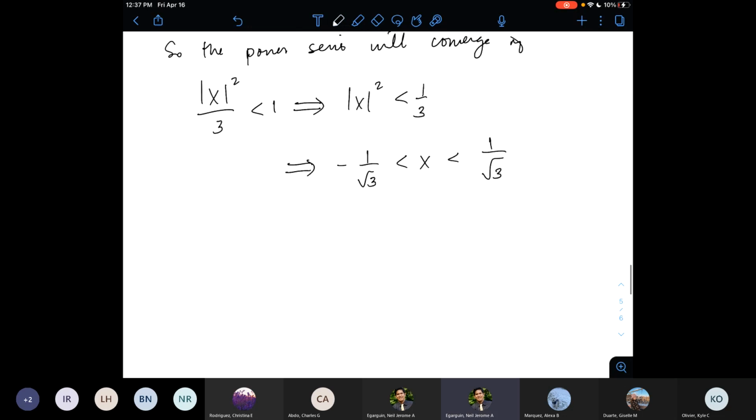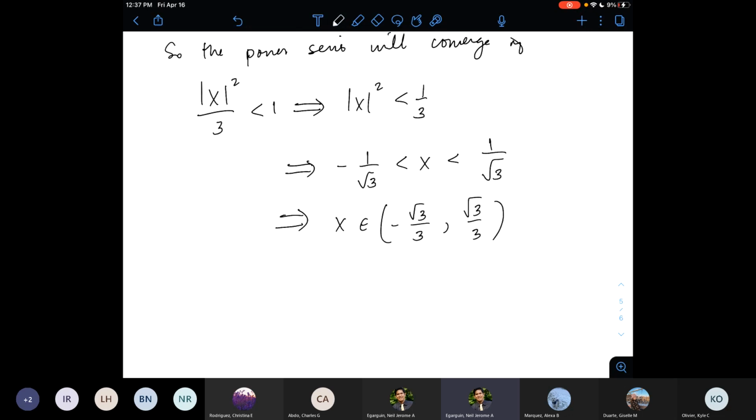Or in other words, you can say that the power series will converge if x is an element of the interval from negative root 3 over 3 to root 3 over 3, using parentheses here.